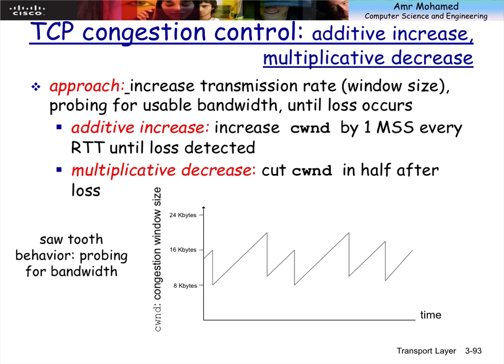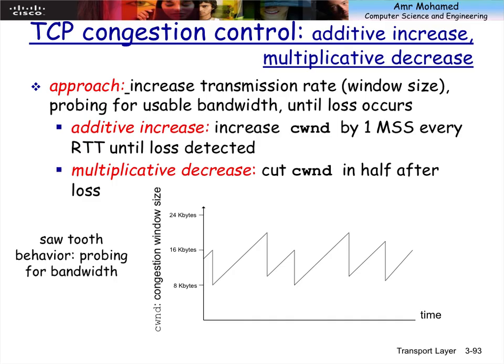And then we have to wait for an acknowledgement. If we receive an acknowledgement, then the network seems to be fine. It's like you are probing the network. The network gives you an acknowledgement, so it seems that everything is fine. Let me make it 2. Let me make it 3. Let me make it 4. This is what we refer to as additive increase.